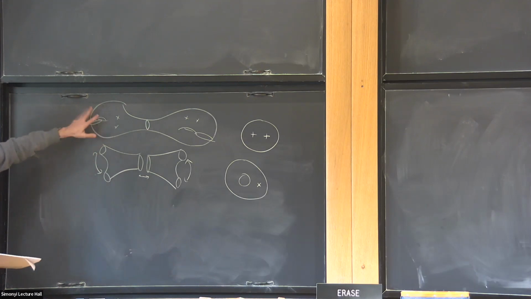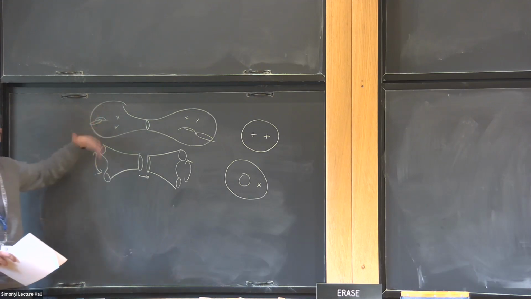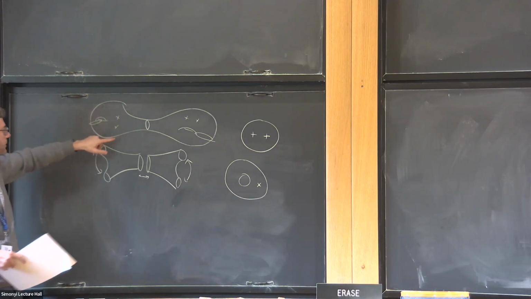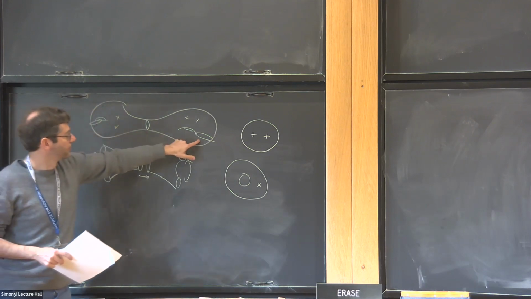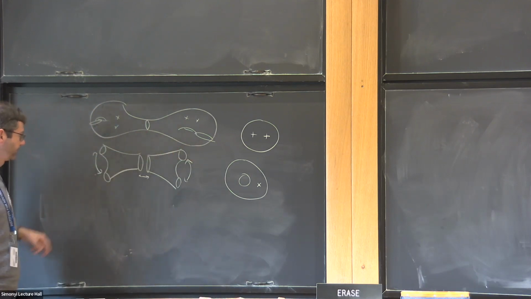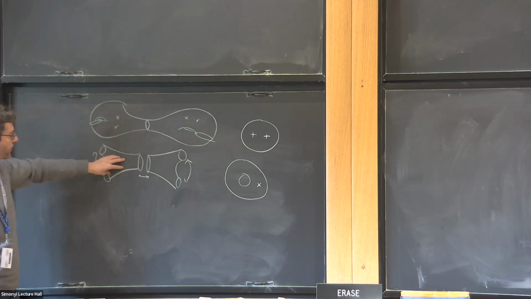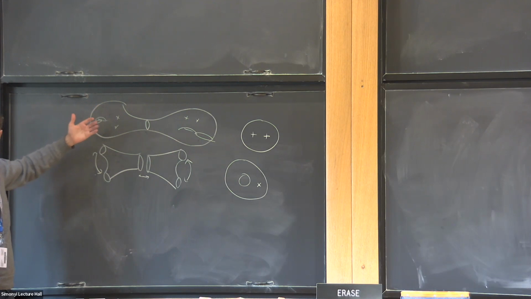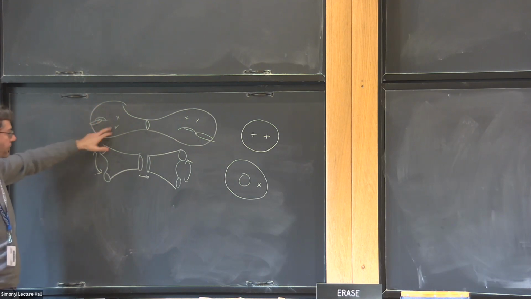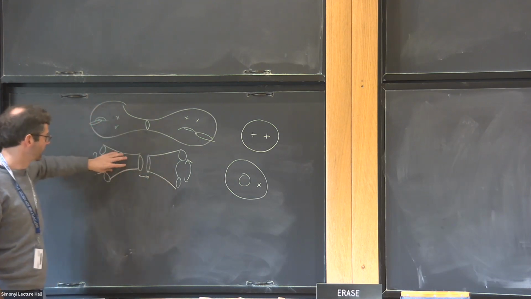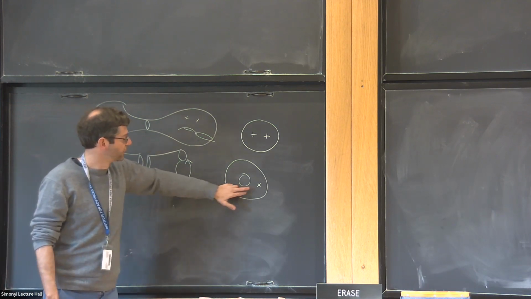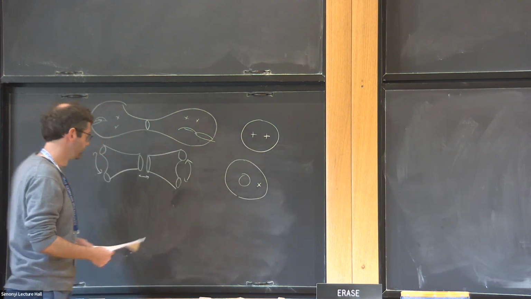So each surface with marked points can be decomposed, not in a unique way, but you have to fix some topological cutting curves. But they can always be decomposed into, if it's genus g, 2g minus 2 plus the number of marked points building blocks, which is either a pair of pants, an annulus with 1 marked point, or a disk with 2 marked points.